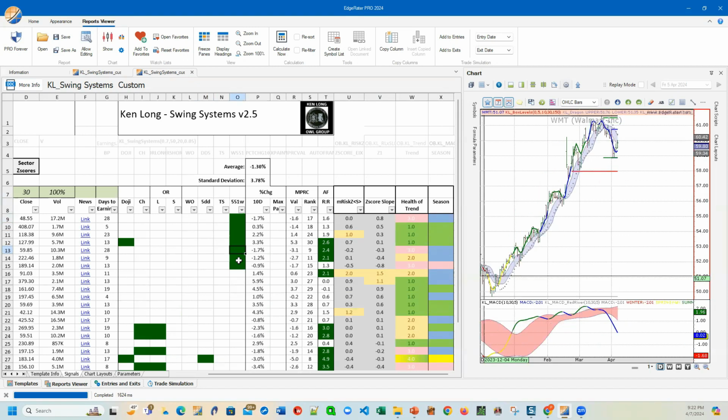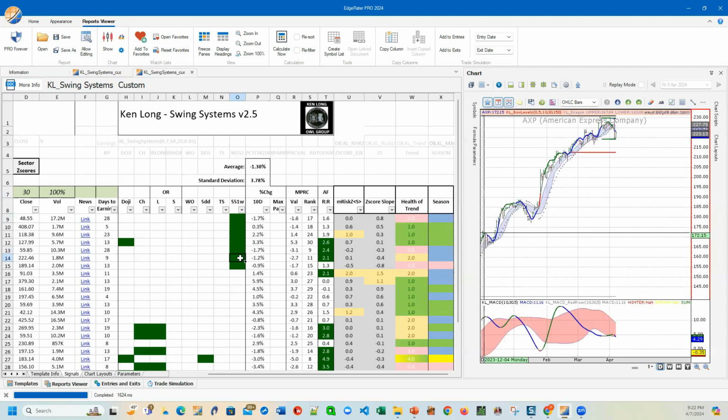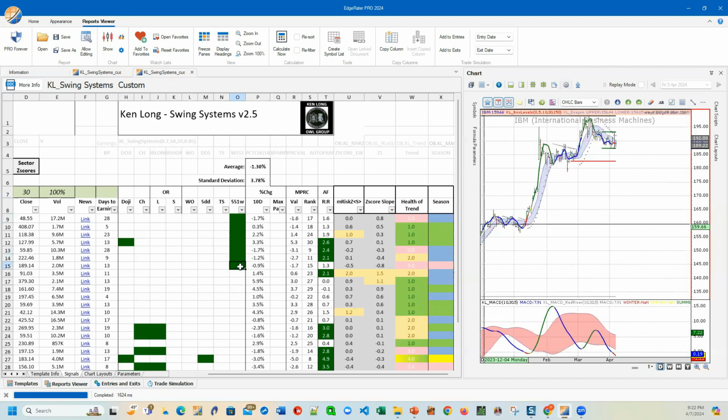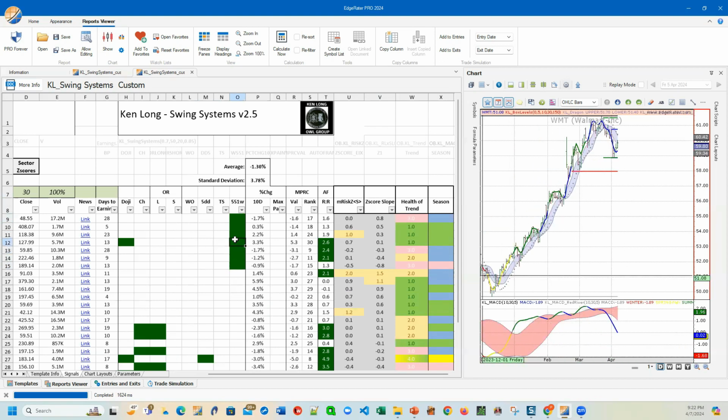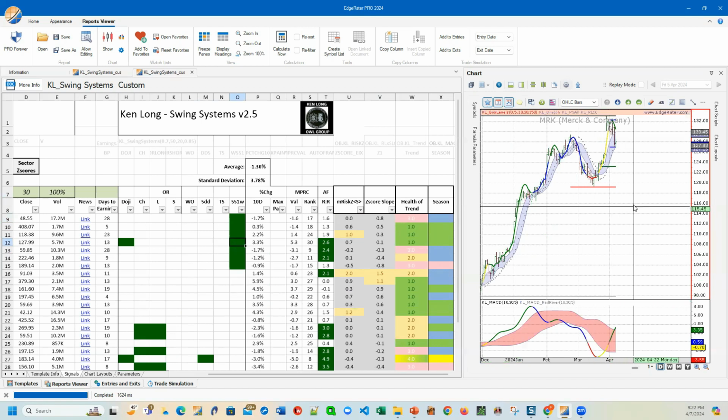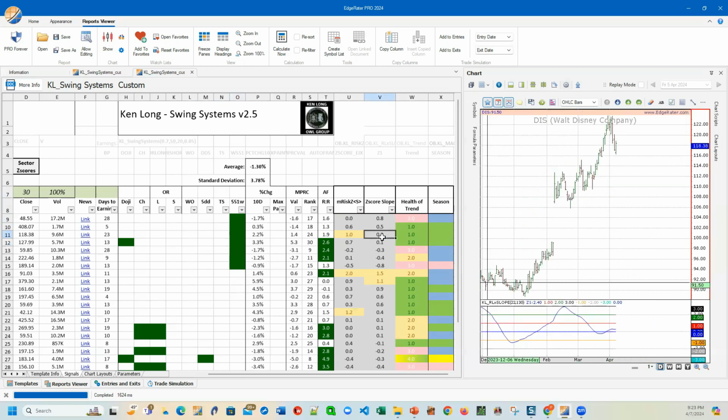Walmart. American Express. IBM is still declining here. So Merck is a potential here. Can we see the Z-score on Merck somewhere? That's Disney, sorry.